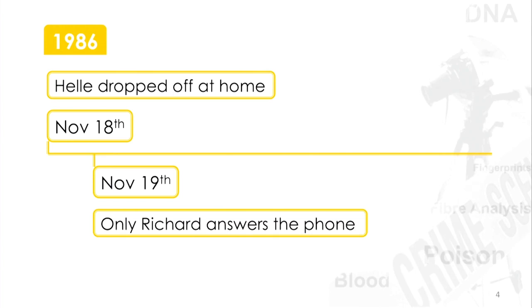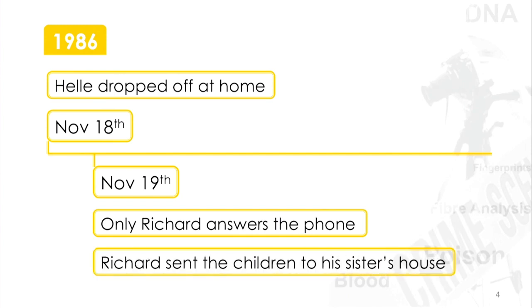And on the early morning of November the 19th, Richard took their children and the children's nanny to his sister's house, and then he went back to their home. Now, by December the 1st, nearly 2 weeks later, Helle's private detective is starting to get worried because he hasn't heard from her for some time.